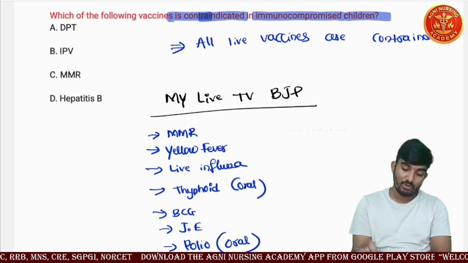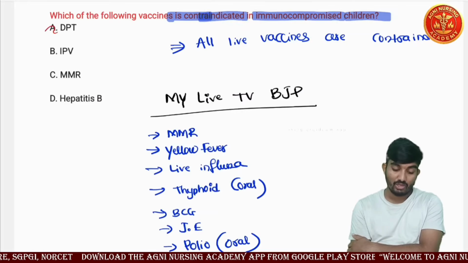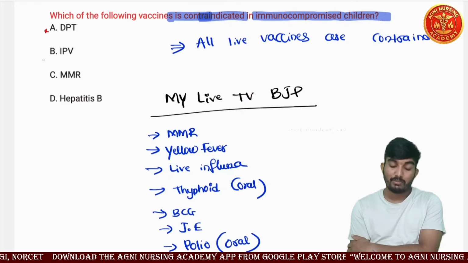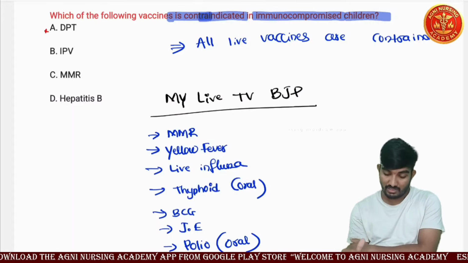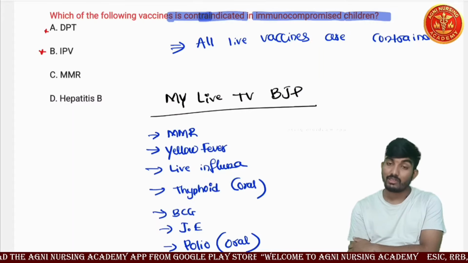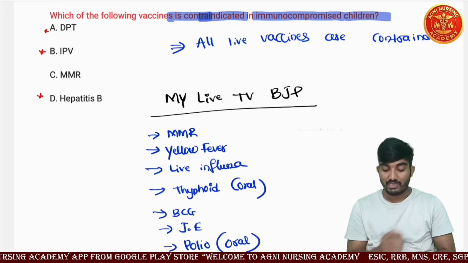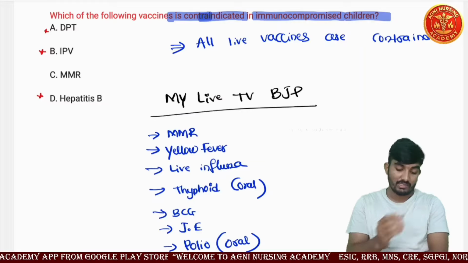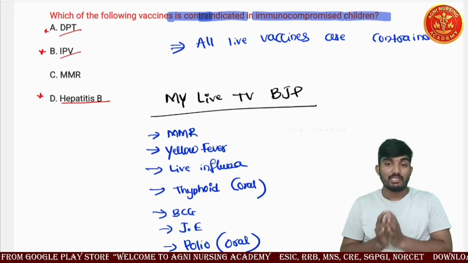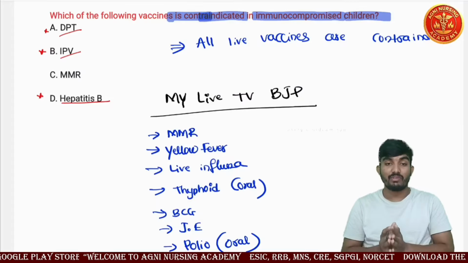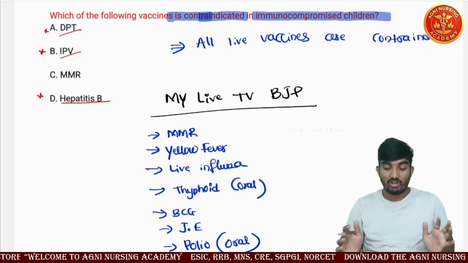Now we will see the options. Option A, DPT, is a killed vaccine. Option B, IPV, is also not in the list of live vaccines I mentioned. Option D is hepatitis B. DPT, IPV, and hepatitis B are killed vaccines that we can give in an immunocompromised child, but all live vaccines are contraindicated.